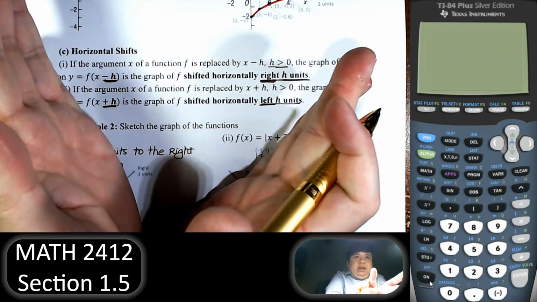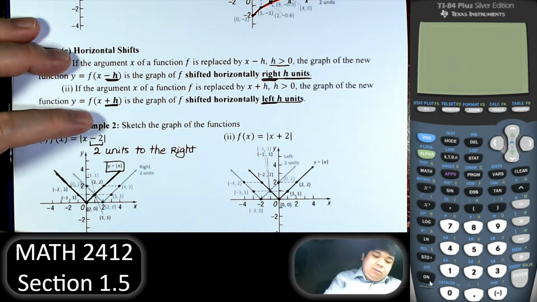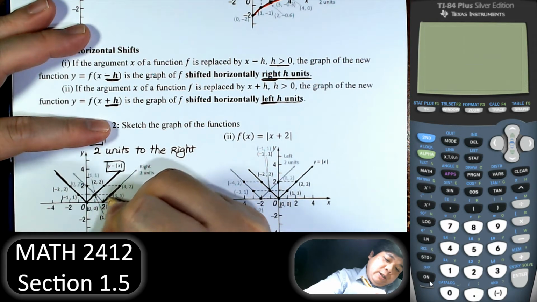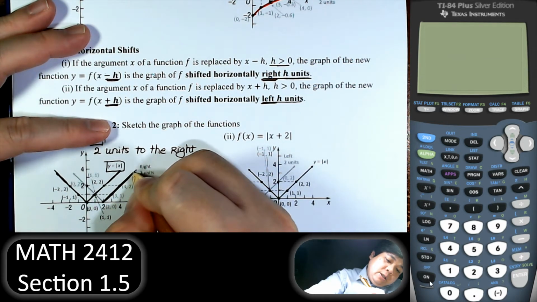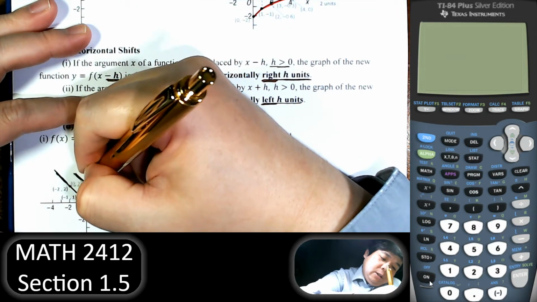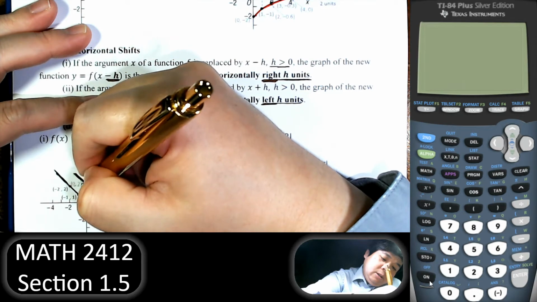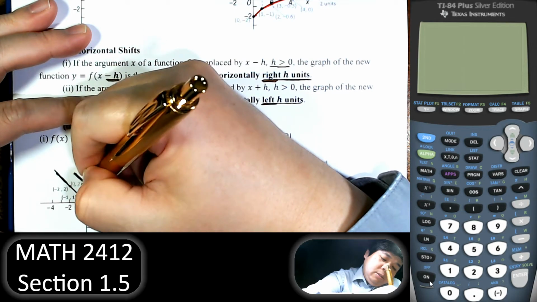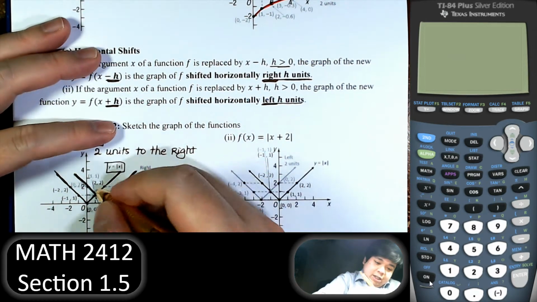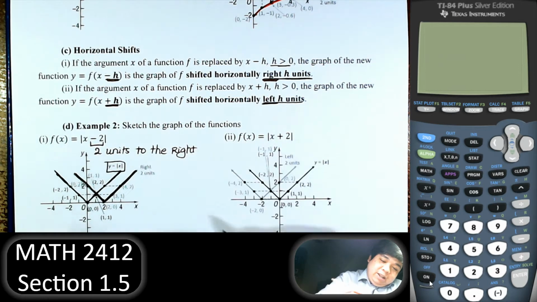So we shift the V 2 units to the right. And we have this.